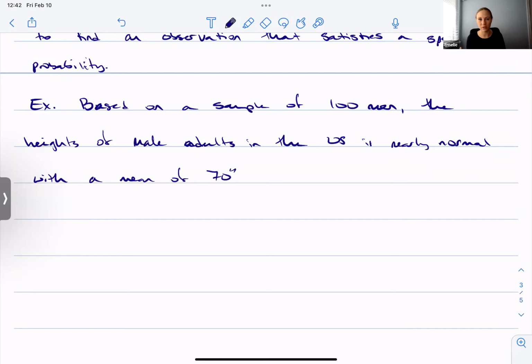And I'm not very good with inches, but it's okay. Usually I ignore the units, and I know that's bad, but in most cases we can just ignore the units.